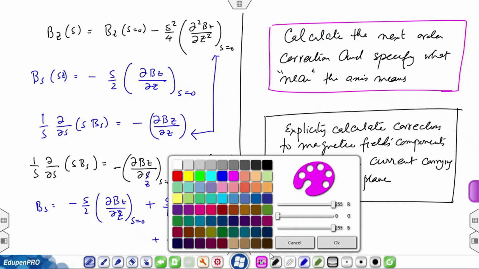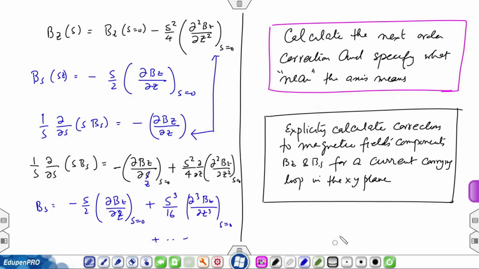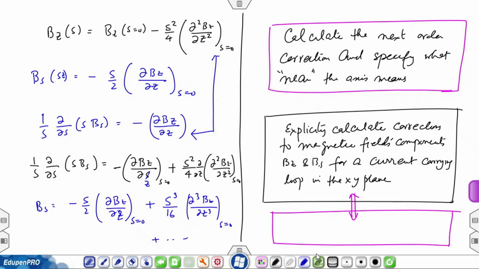And third, once you have done that, related to that, plot the field lines near the axis.